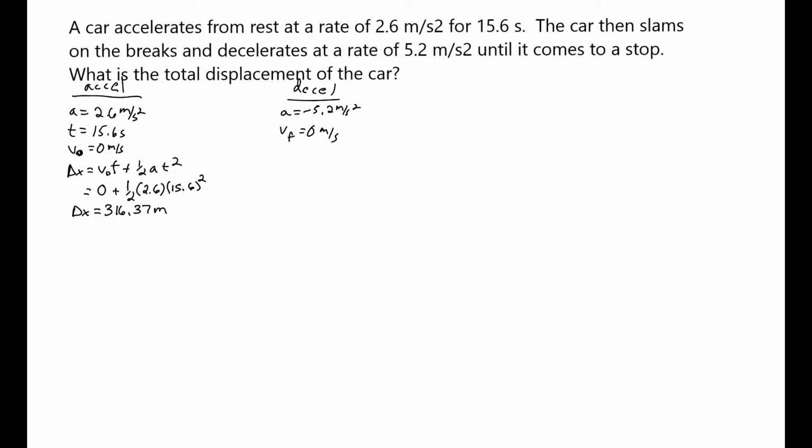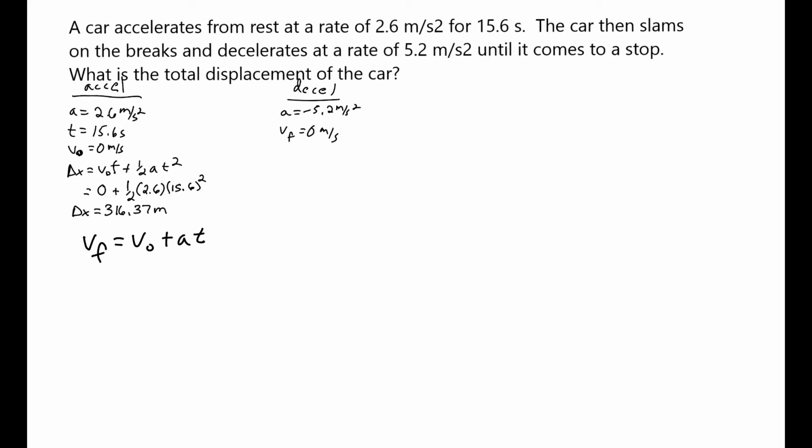Alright, what about part 1 is going to be related to part 2? The final velocity from part 1 is going to equal the initial velocity for part 2. Does that make sense, everybody? So let's find Vf for part 1. Let's say Vf equals V0 plus at.